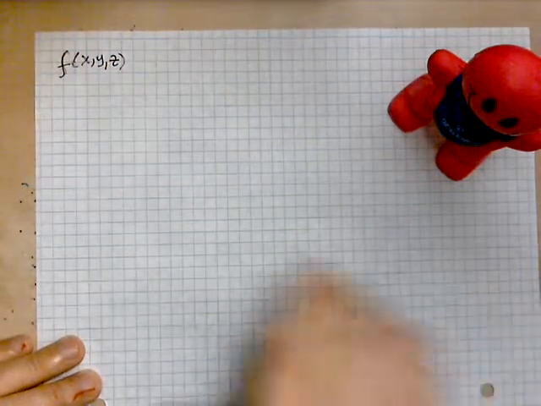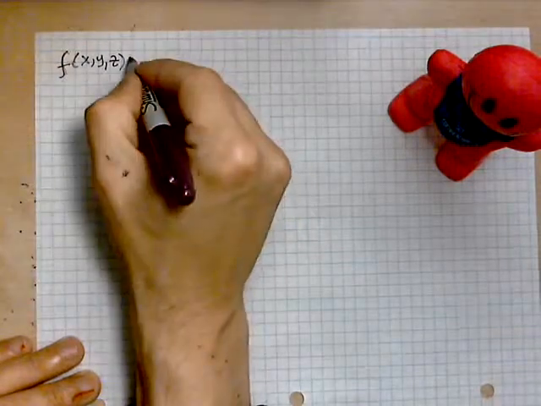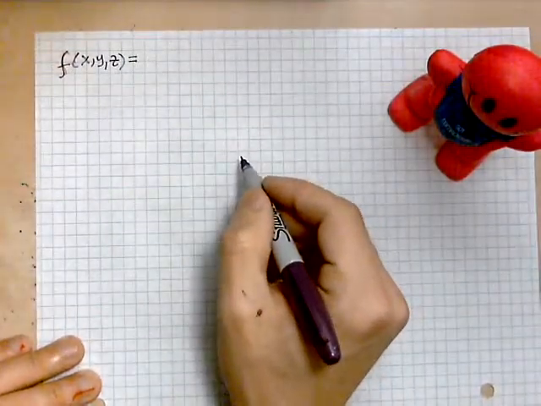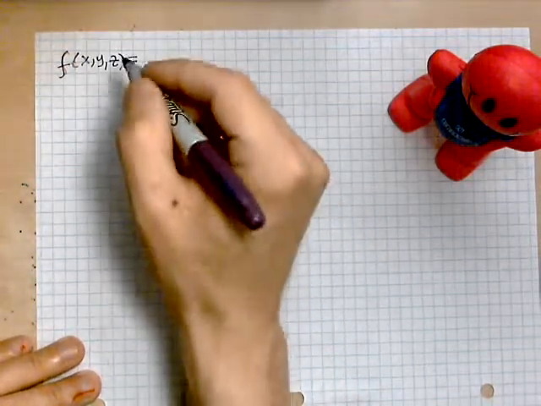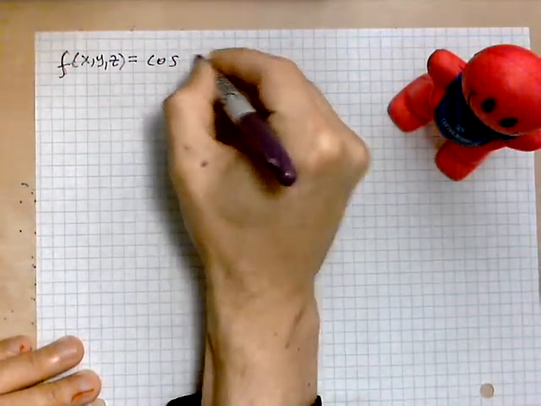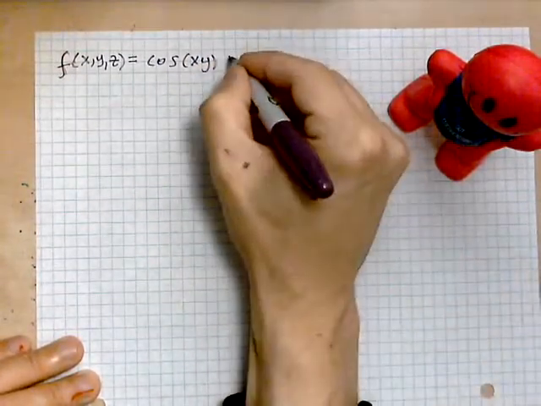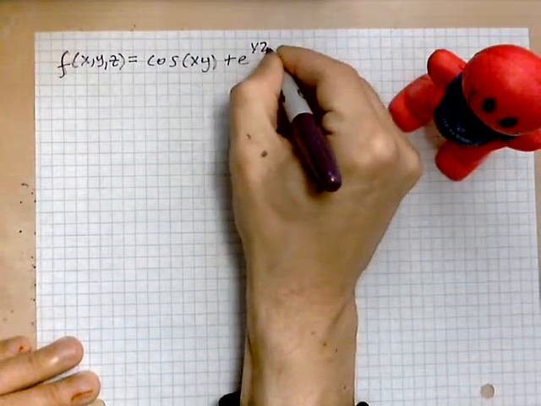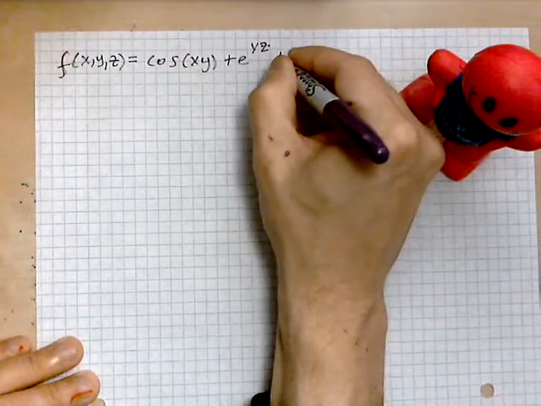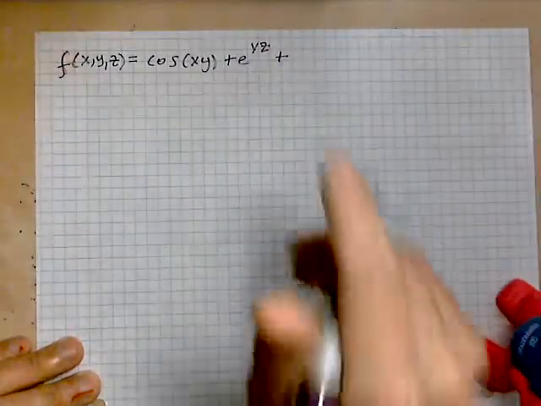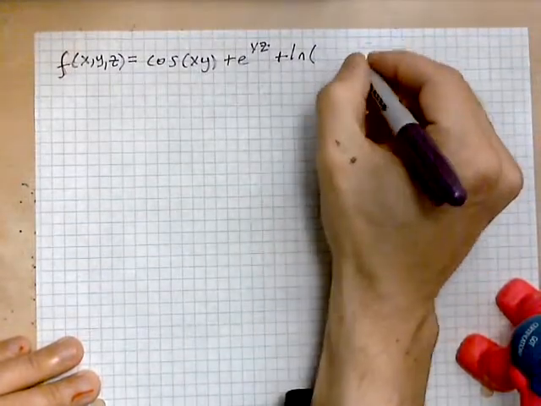The function is f of the variables x, y, and z, and this is defined in our exercise to be cosine of the product of x and y, plus e to the yz, and as the last part, plus ln of zx.